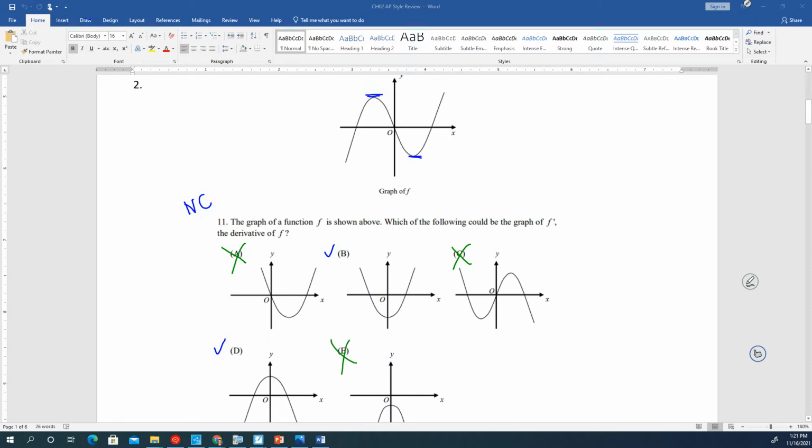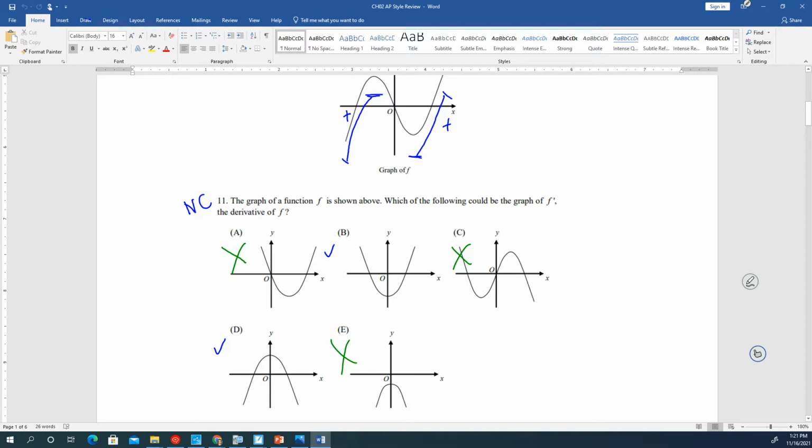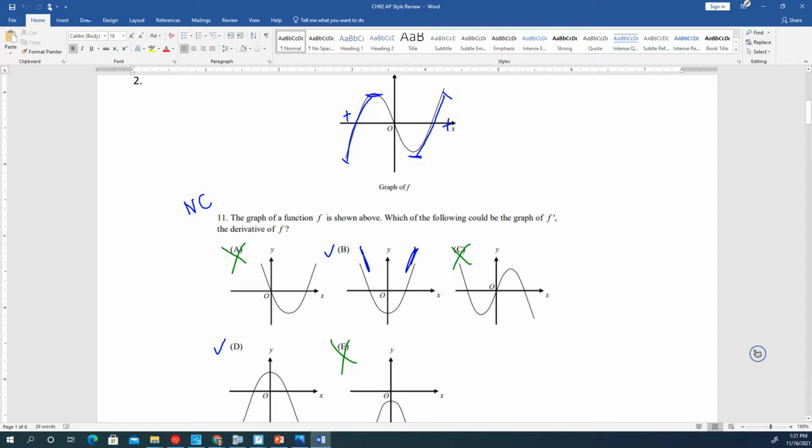And then the only last thing we have to check is when our function is increasing here. Increasing from left to right, my derivative would be positive values. And then when I'm decreasing, which is in between those, my derivative would be negative.